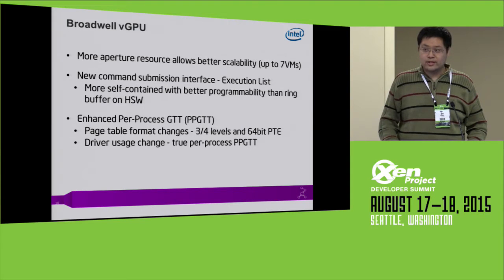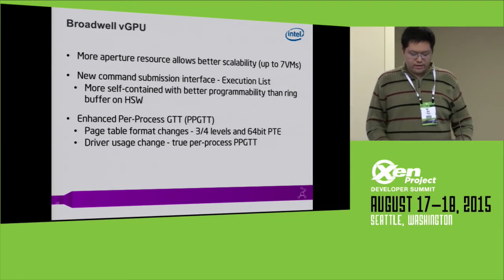Now we can support up to 7 VMs at the same time, and the hardware also introduced a new command submission interface named execution list from Broadwell. It's a more self-contained command submission interface with better programmability than the legacy ring buffer mode on Haswell.